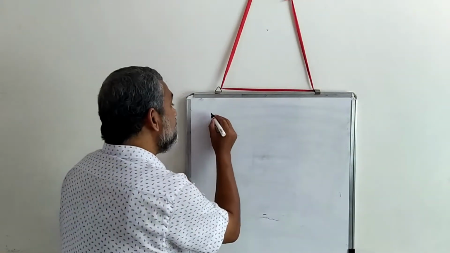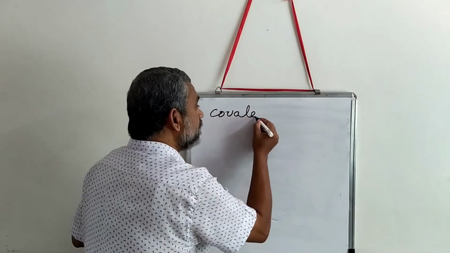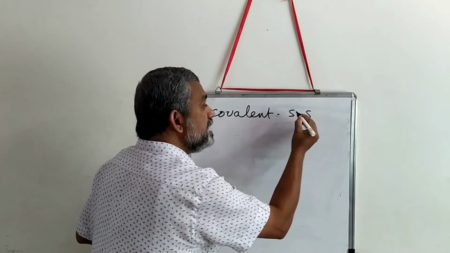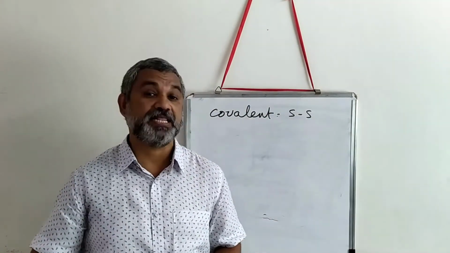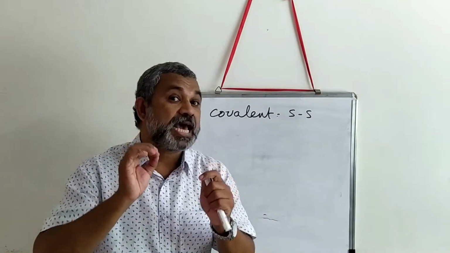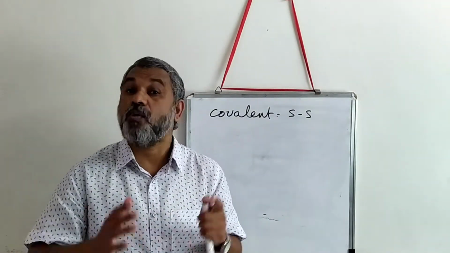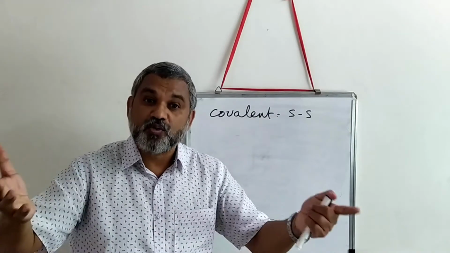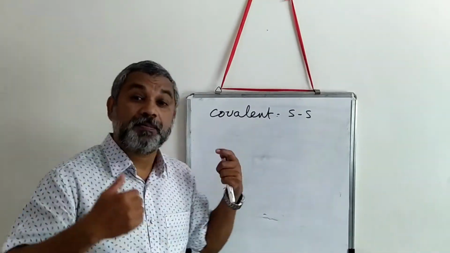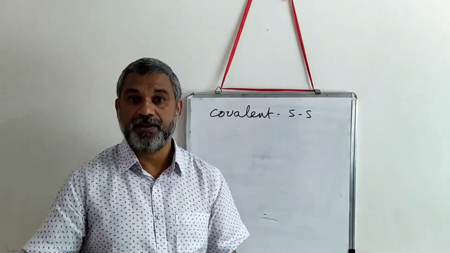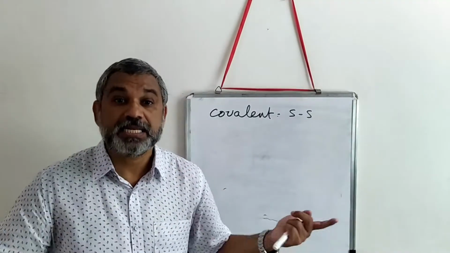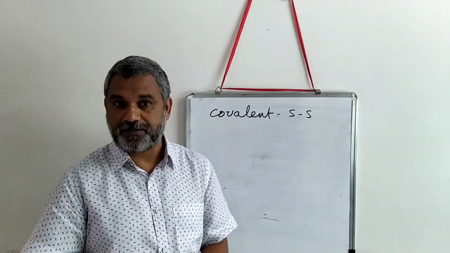First of all, there will be a covalent bond, that is the disulfide bond present in the protein. Now these disulfide bonds may not be present in all proteins, only those proteins that have cysteine residues. So in other proteins the disulfide bonds may not be present.